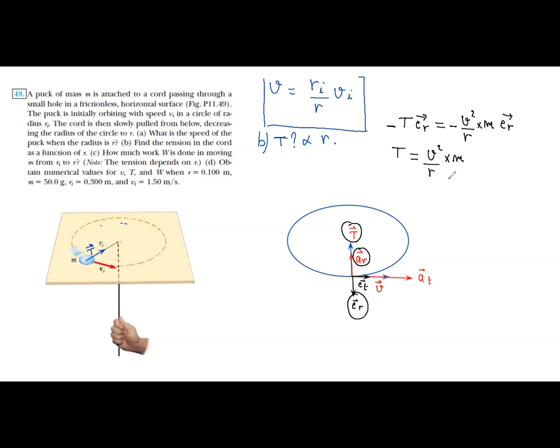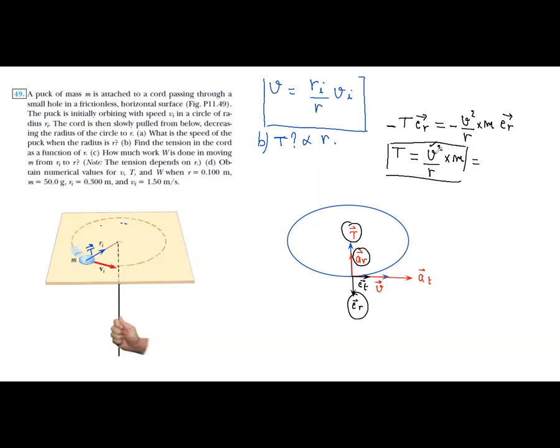I want to calculate T as a function of R. This is the value of T in function of R. We can substitute the value of V, because here we have V in the function.